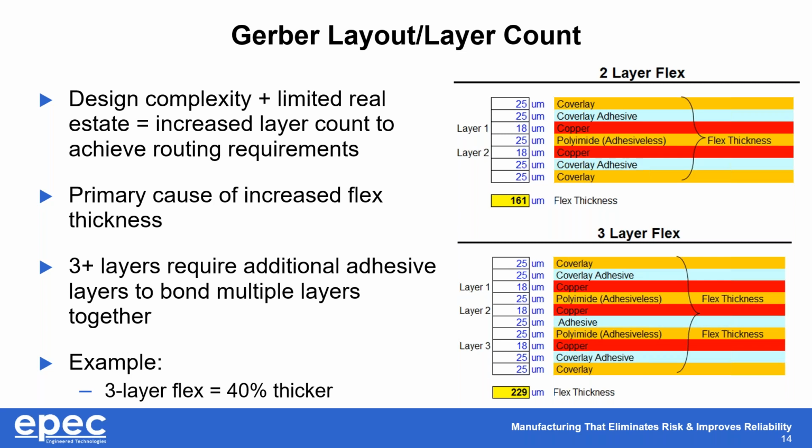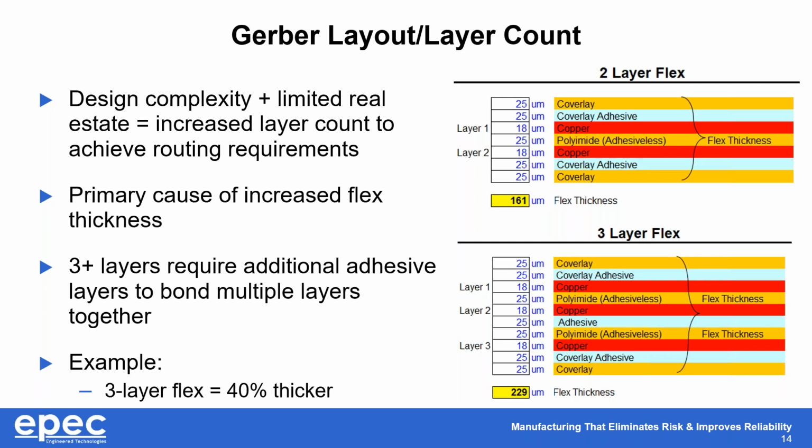In order to achieve your routing requirements, you have to increase your layer counts. While we've talked about controlled impedance, EMI shielding and higher current carrying requirements, this is the number 1 requirement that's going to drive up the thickness of the flex circuit.